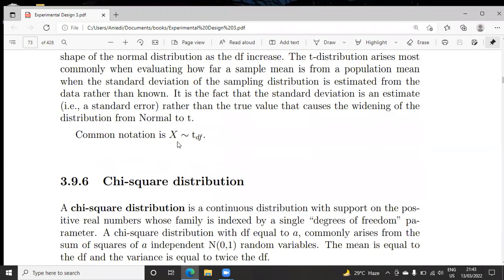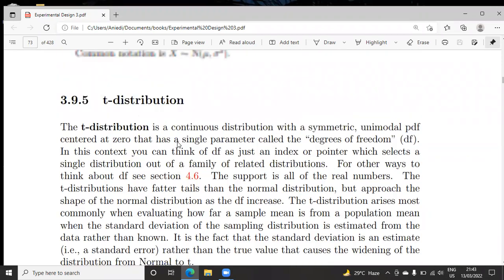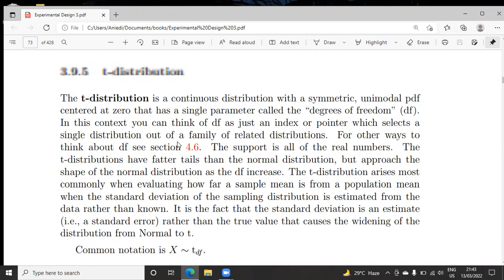While reading a lot of analysis, you should be able to understand that when you see a t distribution in an analysis, they are trying to compare two different samples or two different populations: either a sample compared to the main population, or a population compared to a population, or a sample compared to a sample.